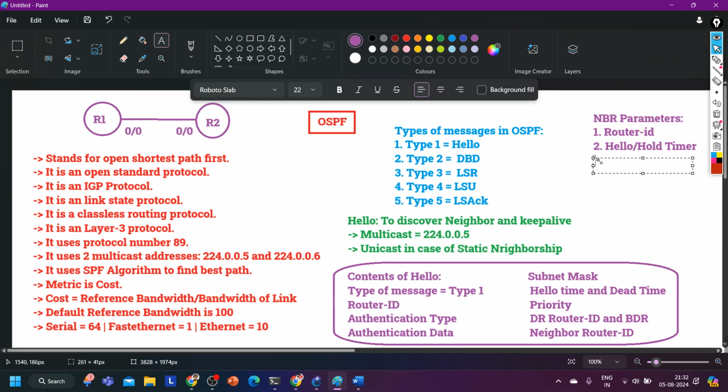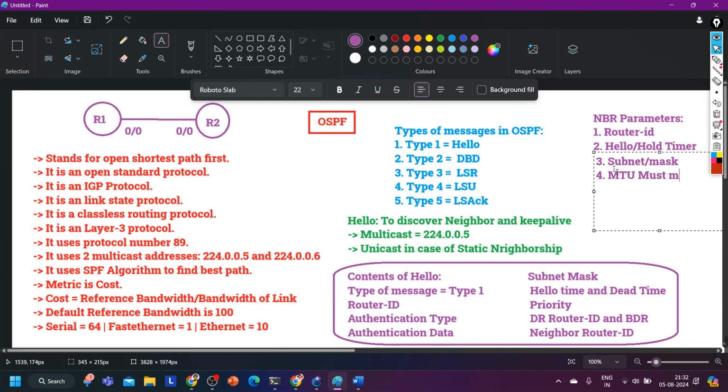The third parameter is subnet mask: subnet and subnet mask must match.